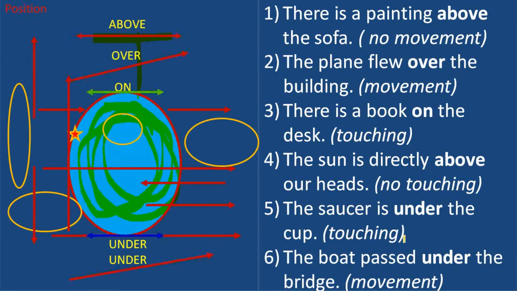For example, there is a shoe under the table. Here is the gap. Okay. In case of going under something maintaining a gap, and if it has some speed, we also use under. For example, the boat passed under the bridge. That is the movement. Okay.